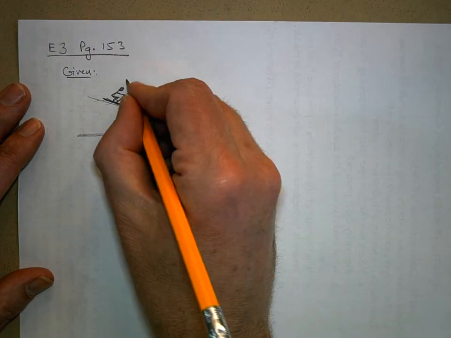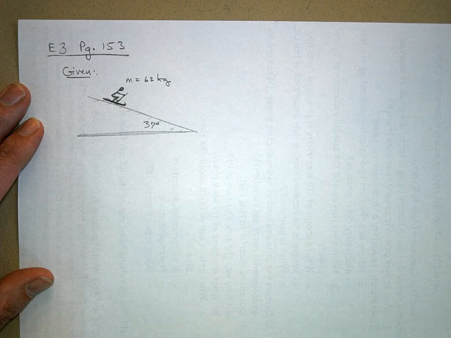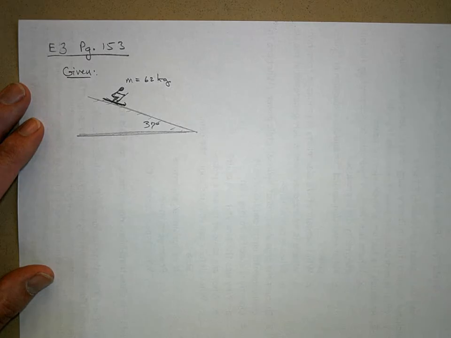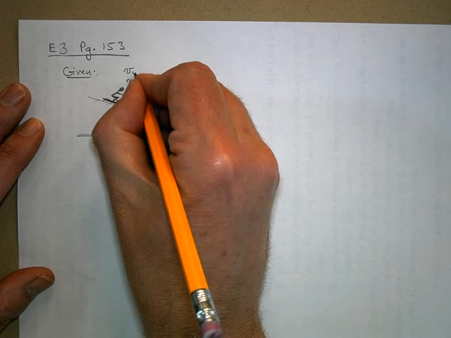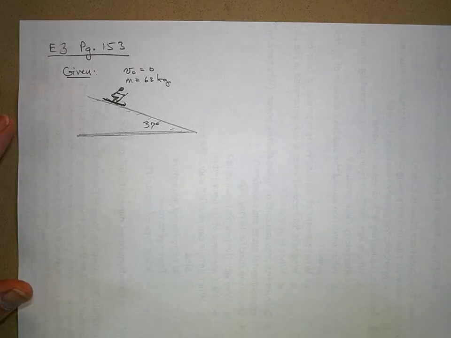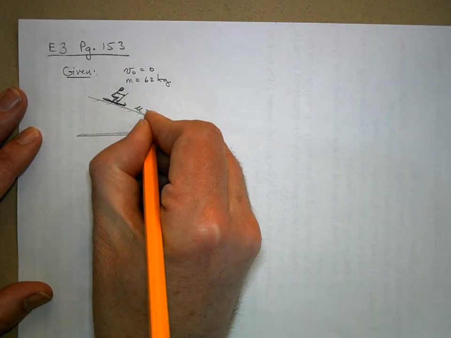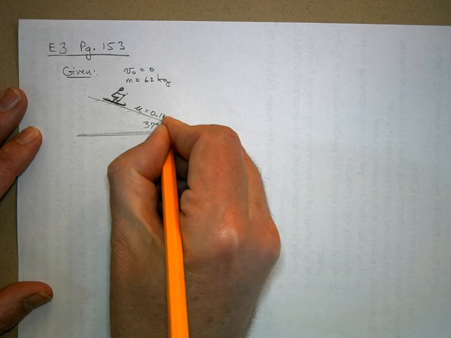And what do we know? Well, we're given the mass of the skier, 62 kilograms. We know that she's starting from rest. We also know the coefficient of friction, mu equals 0.15.